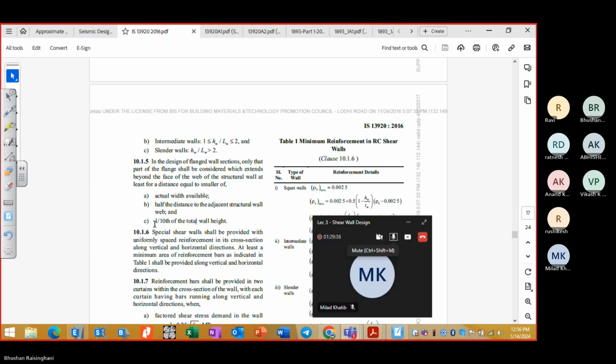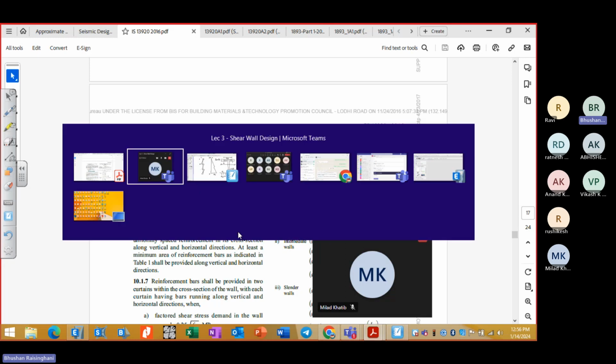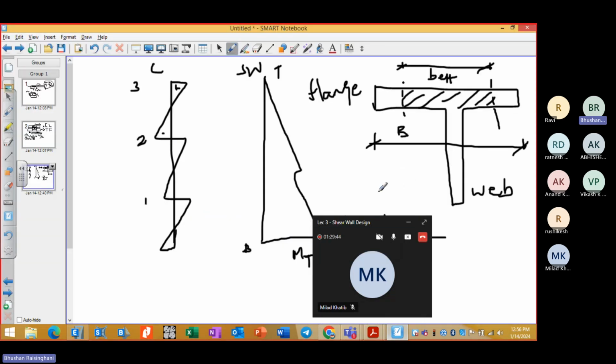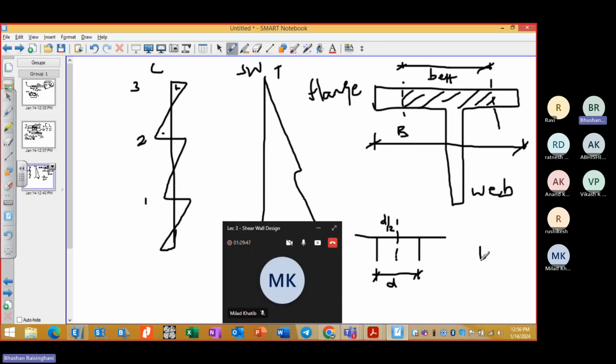And 1/10 of the total wall height. So total wall height would be from bottom to top. So H by 10, not small h. Small h is the story height, capital H is the full height of the wall. That is the criteria given.